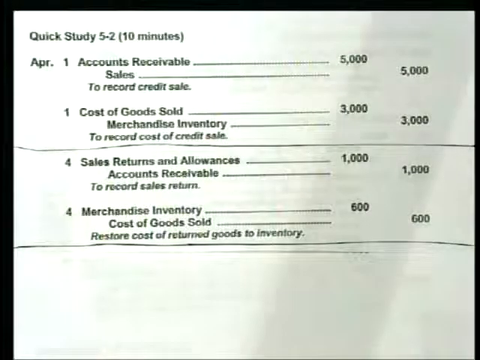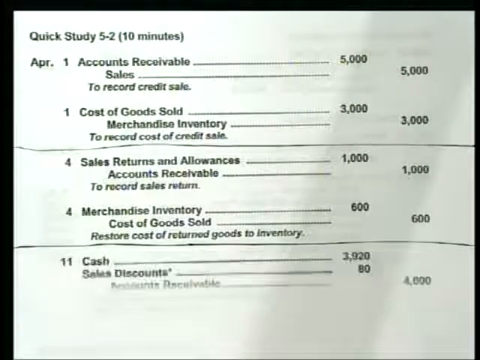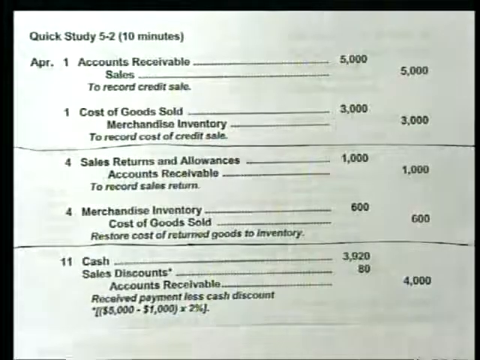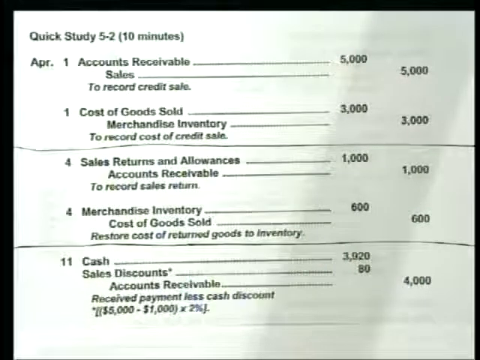$4,000. Do they pay within the discount period? Yes, they do. So they do not have to pay us the full $4,000 in cash. They only have to pay us 98%. Okay? Now keep in mind, it seems like every example we do is a 2% discount. There can be 1% discounts, there can be 3% discounts.